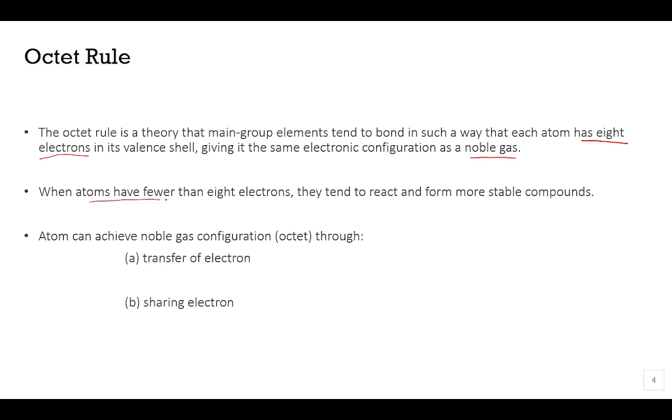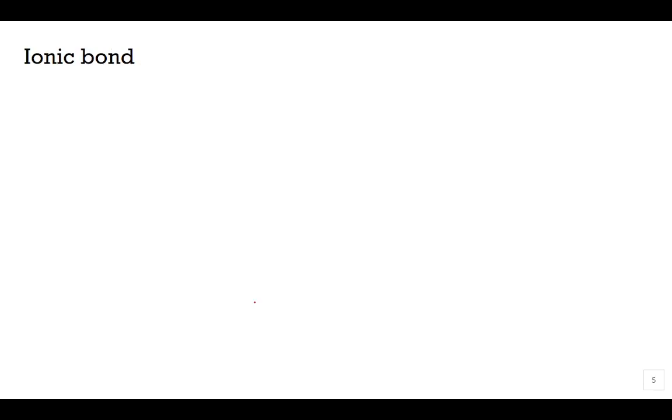So when atoms have fewer than 8 electrons, they usually tend to react and form more stable compounds. So atoms can achieve noble gas configuration or octet configuration whether they transfer electrons, meaning they can remove electron or gain electron, or sharing of electrons. Sharing of electrons is covalent bond, right?